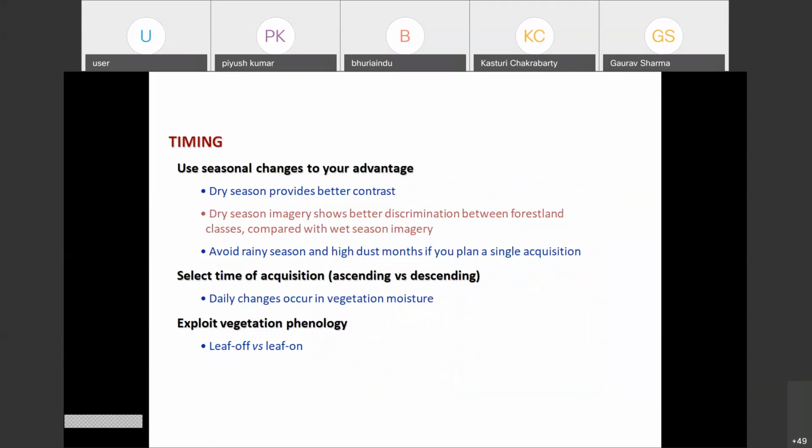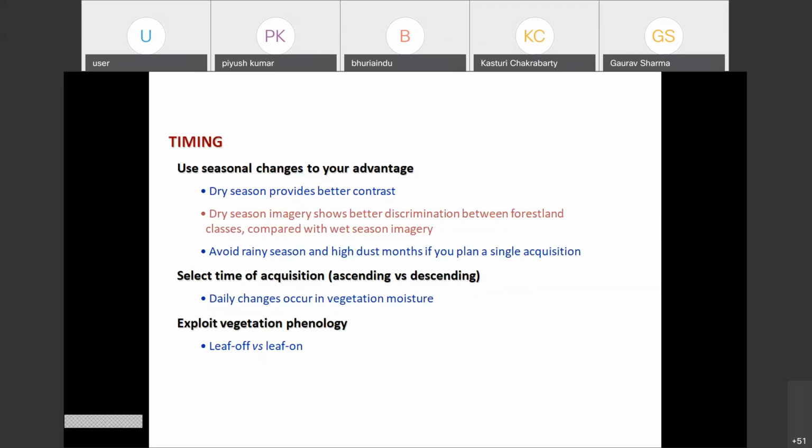So as I said, the timing plays a very important role in forest-based studies, because when you have a deciduous forest where there is leaf fall, and you are using data that does not match that condition, it often happens that it leads to a wrong interpretation.